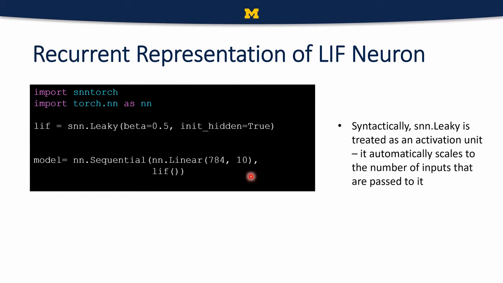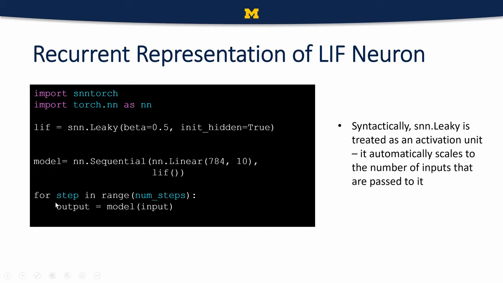And that 10 outputs is fed into this LIF neuron, this leaky integrate and fire neuron. So syntactically, leaky is just treated as an activation unit, and it automatically scales to the number of inputs that are passed to it. So just by definition of having this 10 here, these 10 output neurons, then we've got 10 leaky integrate and fire neurons connected to them. And of course, you can extend this indefinitely.